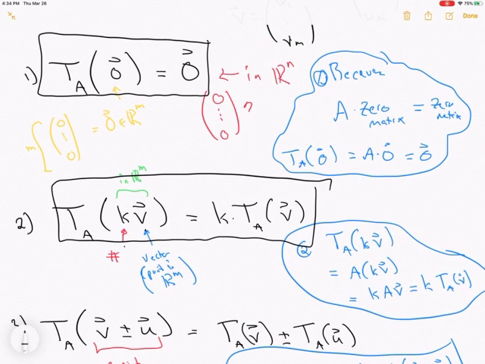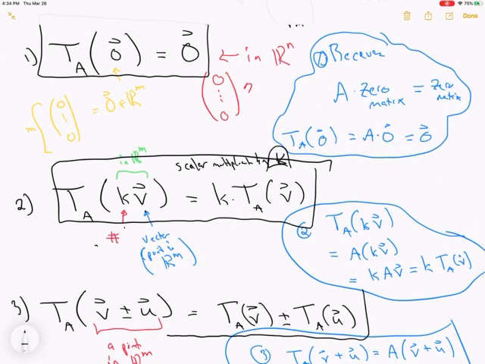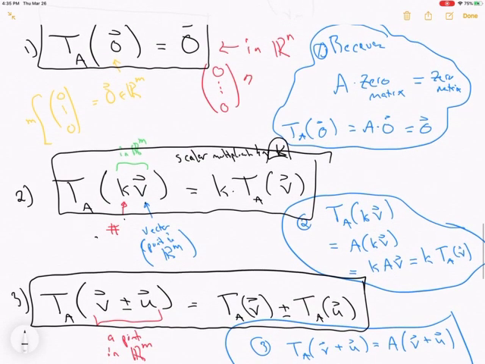So this is all about how it deals with scalar multiplication by the number k. So k is a number here, as I previously observed, and it behaves well with respect to addition and subtraction of inputs. So these are the 3 properties of these transformation matrices.